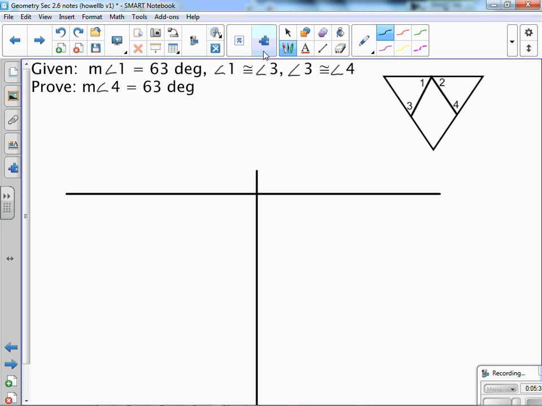So we look at this other part of the given, and these two pieces of the given, 1 is congruent to 3, 3 is congruent to 4. Just like from the last proof, it should kind of make sense. Angle 1 congruent to angle 3, angle 3 congruent to angle 4.